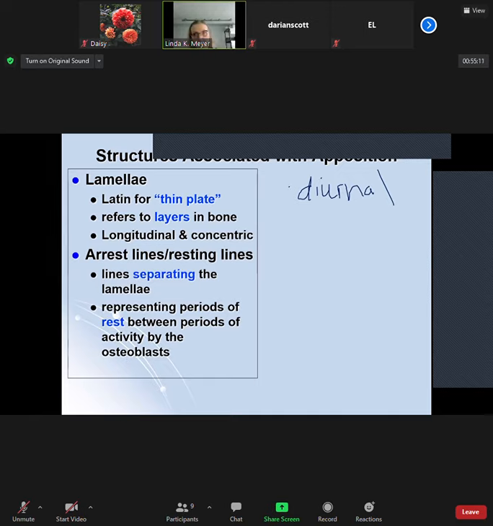So our cells tend to follow a diurnal appositional activity, where they're active during the day, building the layers of bone in the two-step process that I mentioned, and then they rest at night.